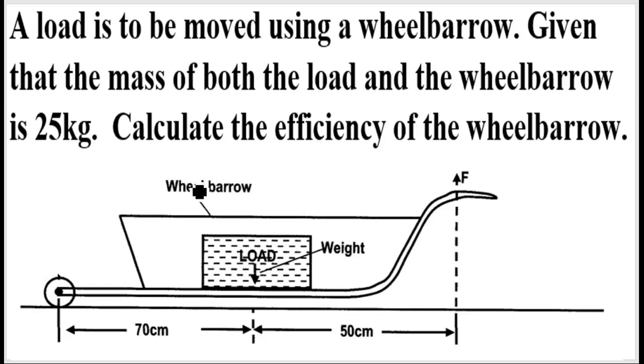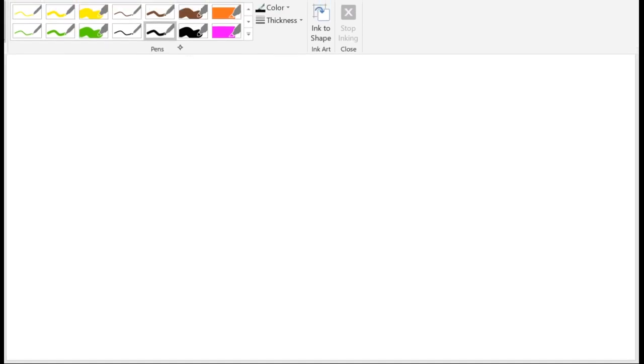Okay, so now the question is saying a load is moved using a wheelbarrow. Given that the mass of both the load and the wheelbarrow is 25 kg, calculate the efficiency of the wheelbarrow. Okay, now, to calculate efficiency, you need to know the formula for efficiency.